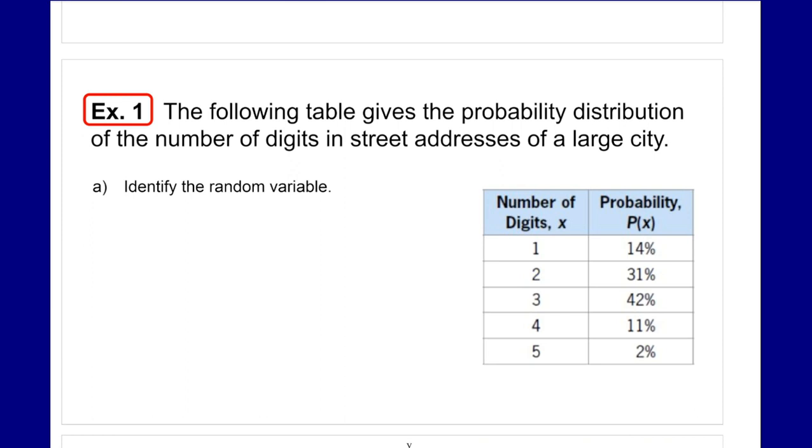What is the variable that has a range of possible values? In this case, it is our capital X, and the possible values are lowercase x. So our random variable is the number of digits used in street addresses.